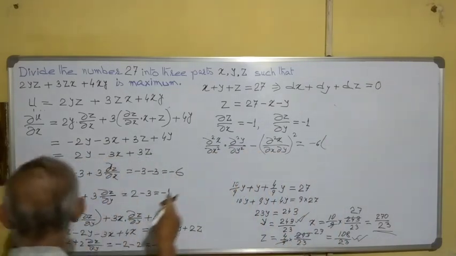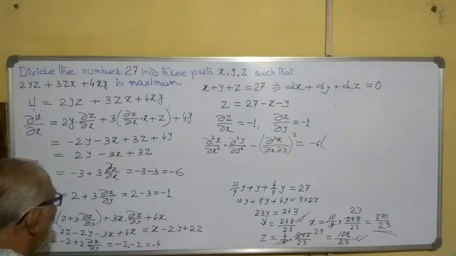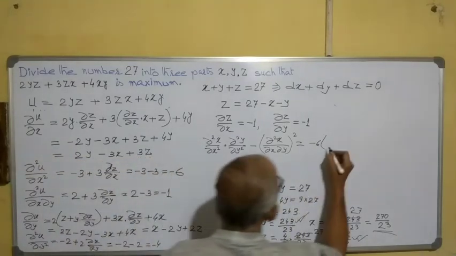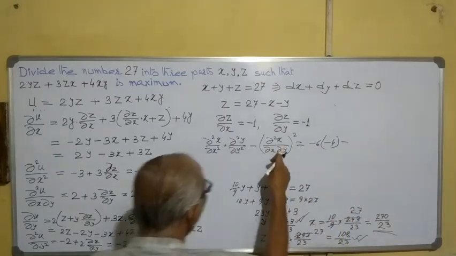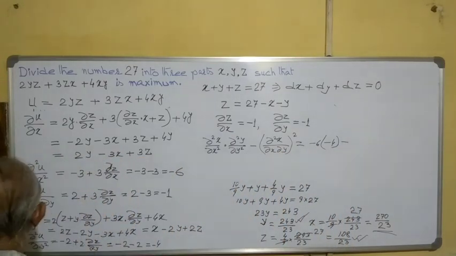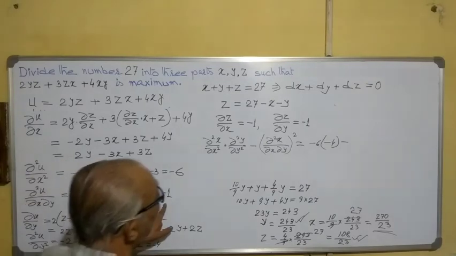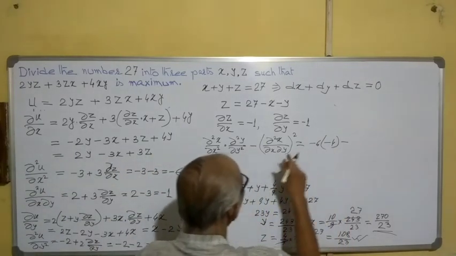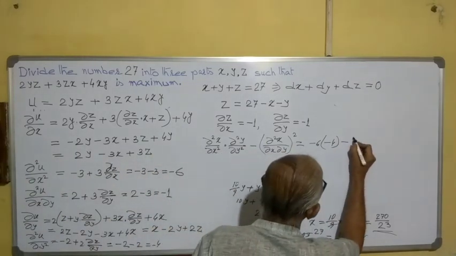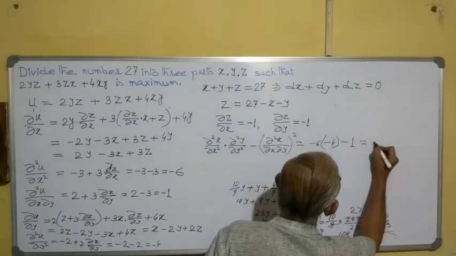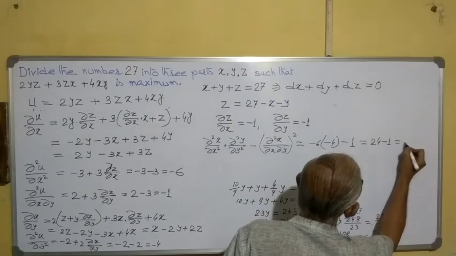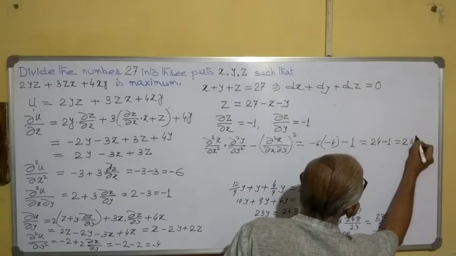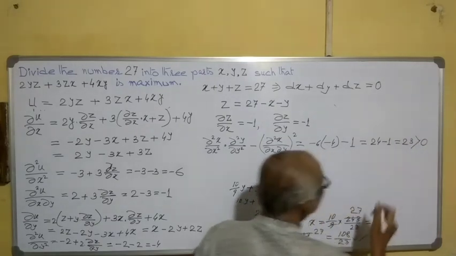Del 2u del y square we got minus 4. Minus del 2u del x del y, which is minus 1, that is minus 1 whole square is 1. So it is 24 minus 1, that is 23, and hence it is greater than 0.